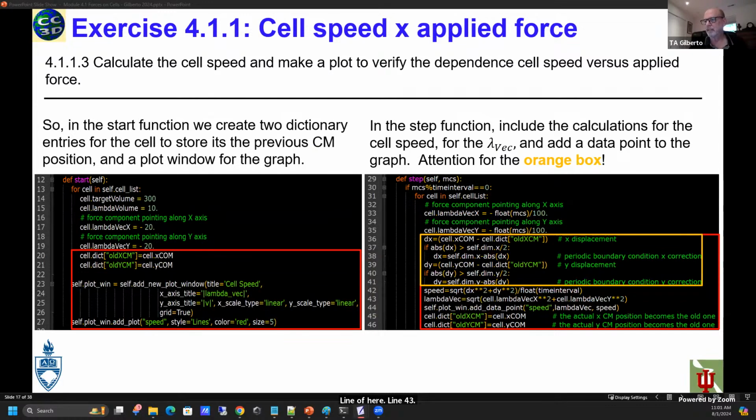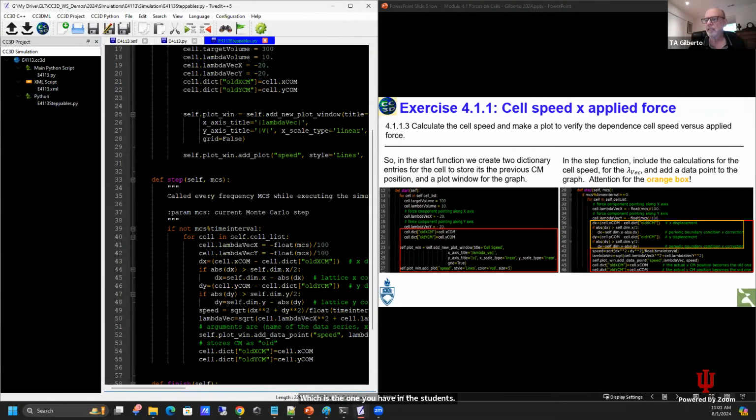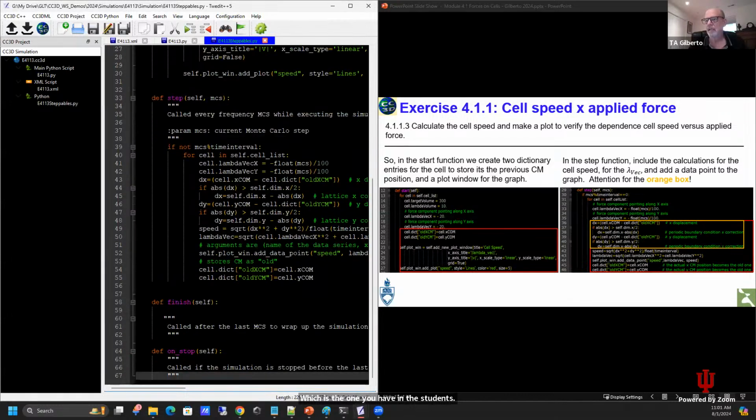we can plot it. Okay, the final code, which is the one you have in the student's material, is this one. Then I include the plot window.